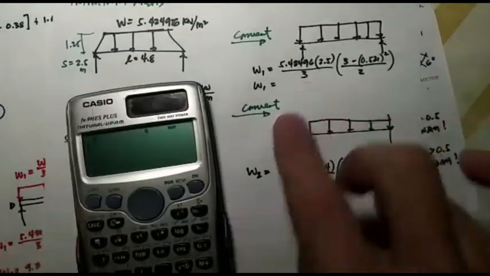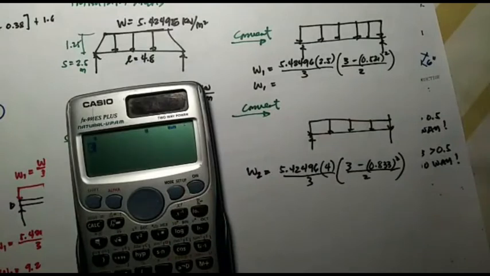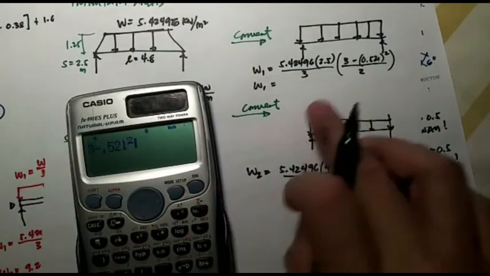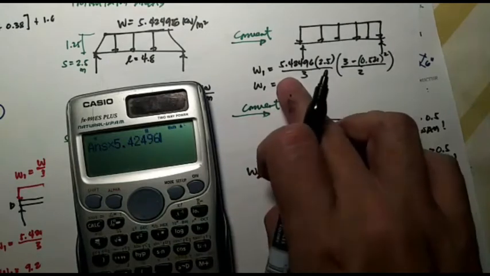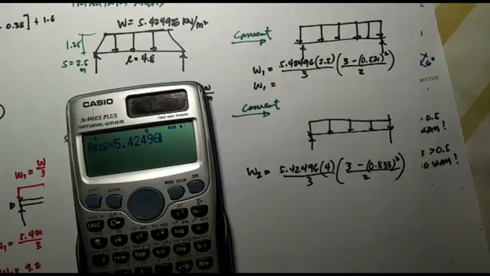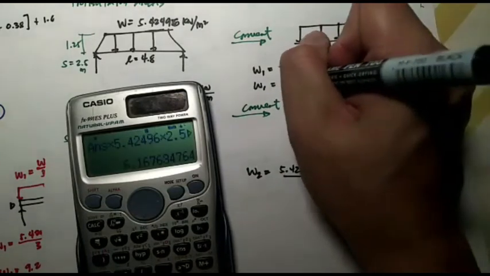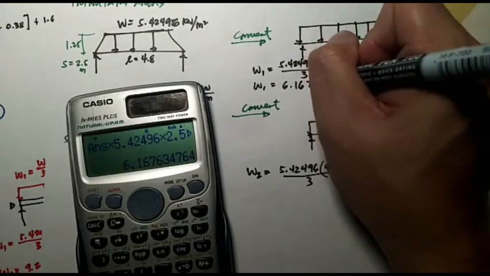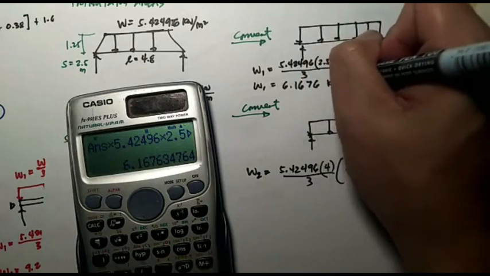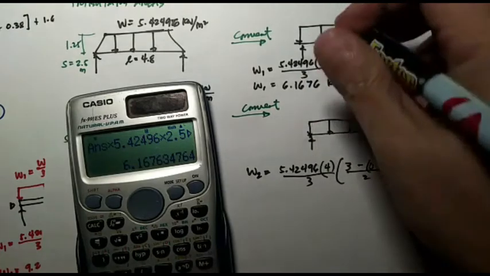Okay, so there you'll get the W. So here, ang W1 natin is, so 3 minus 0.521 squared, divided by 2 times 5.42496 times 2.5 divided by 3. So this is 6.1676 kilonewton per meter na.